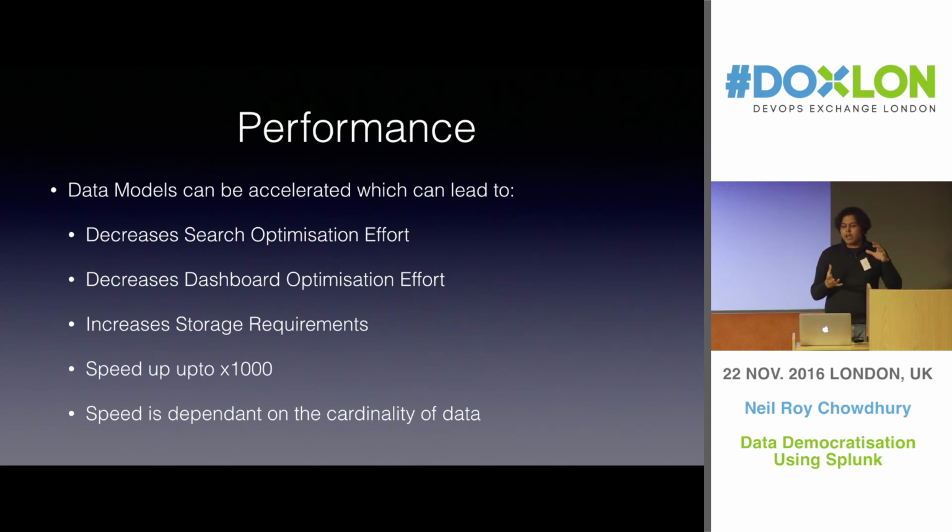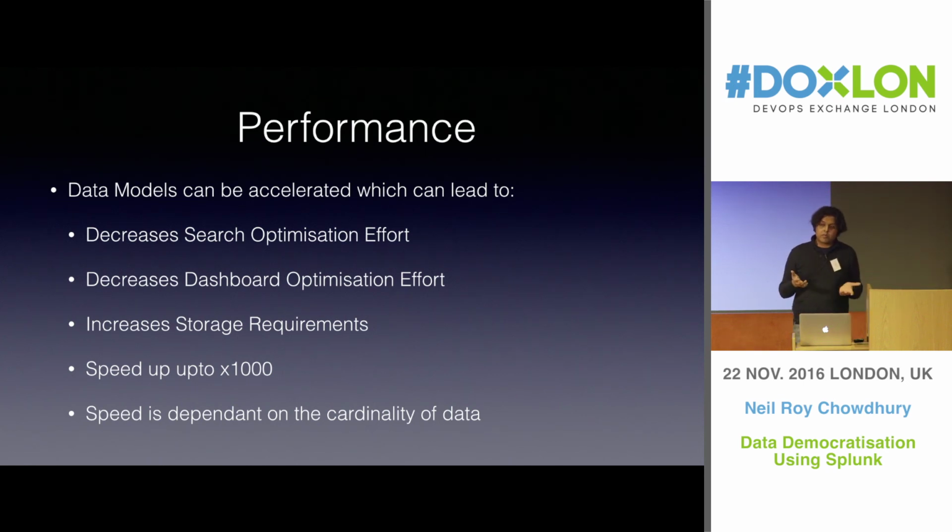Because you're creating a structured data model, and it's accelerated, you're decreasing the search optimization effort and heavy lifting in accessing your data. And since everything is a search in Splunk, it also decreases your dashboard creation effort as well.